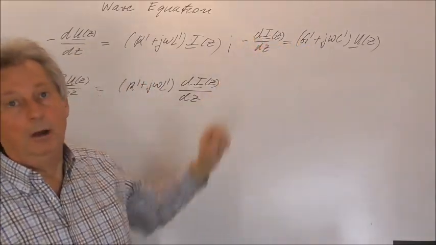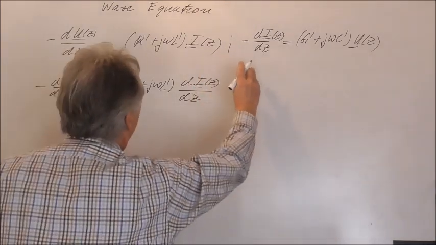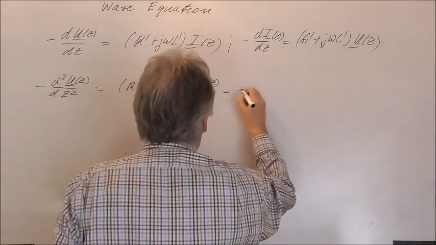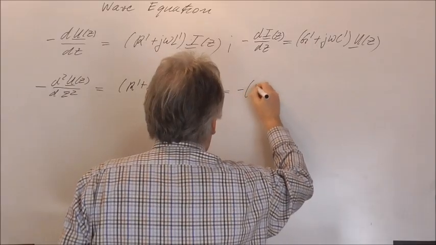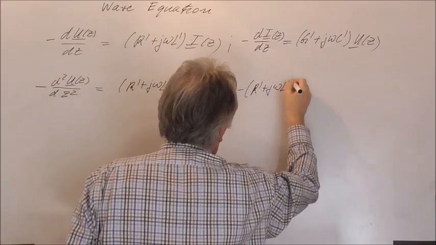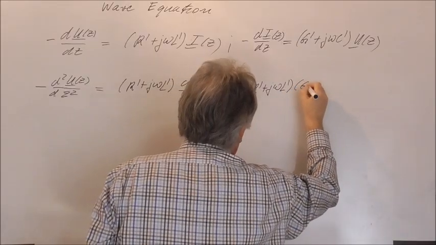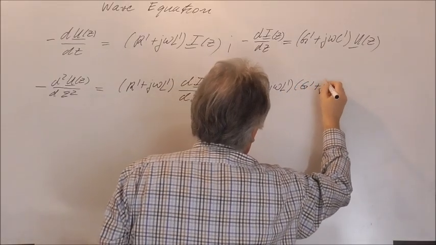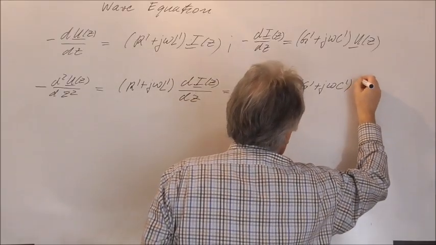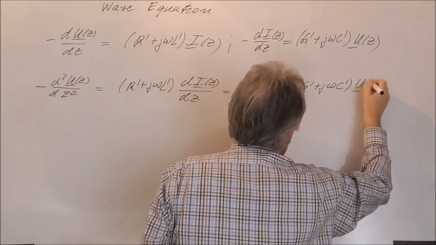So we must account for the negative sign here. So this will be then equal to minus R prime plus J omega L prime times G prime plus J omega C prime times U of Z.